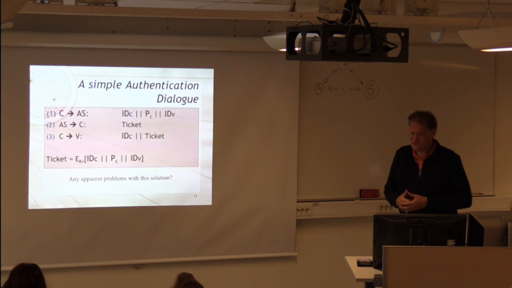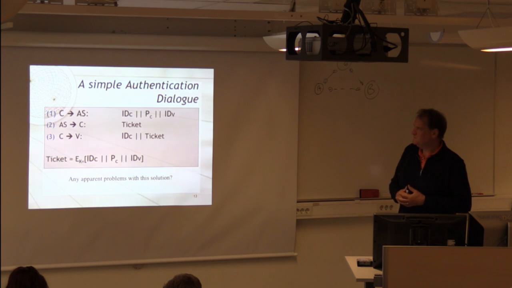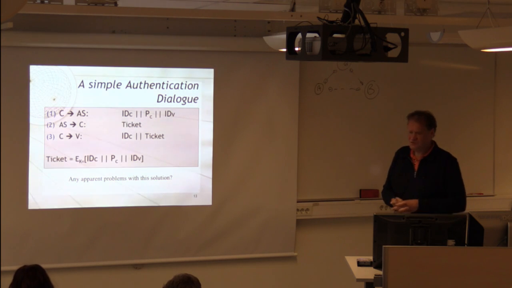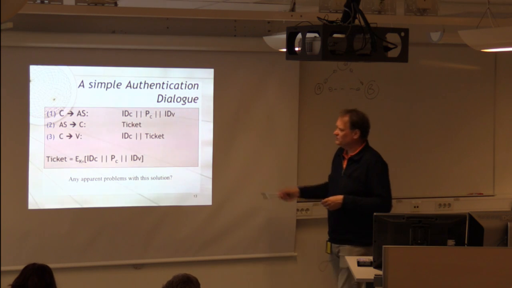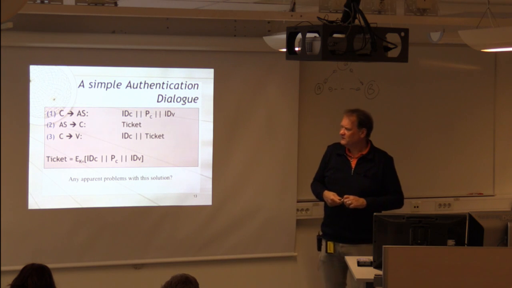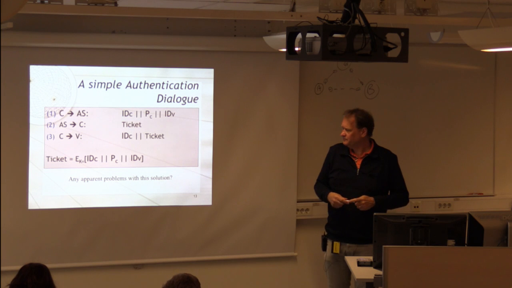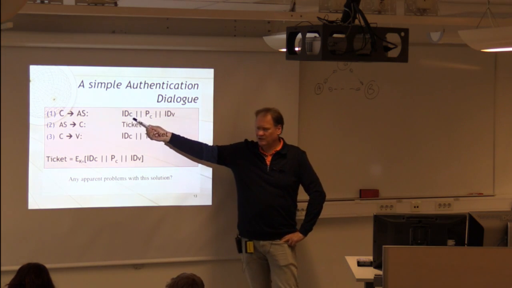So what do we need to do? Well, we need to have some exchange here. So this is the first attempt to build Kerberos then. We start with number one here. From the client, we send a message to the authentication server. And what we're saying is that we are this user.